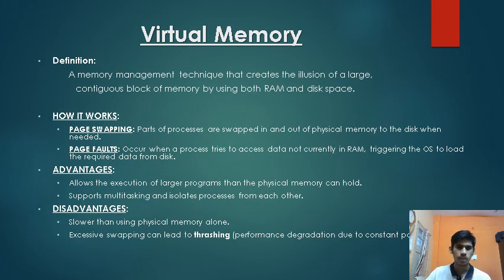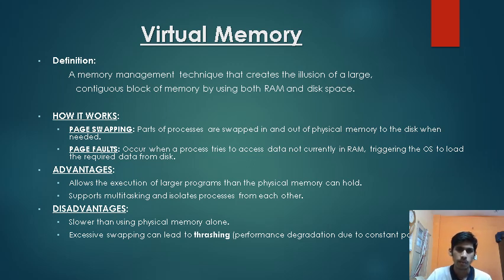Virtual memory definition. A technique that creates the illusion of a large contiguous block of memory by using both RAM and disk space or ROM. How does it work? Page swapping and page faults. First, page swapping.